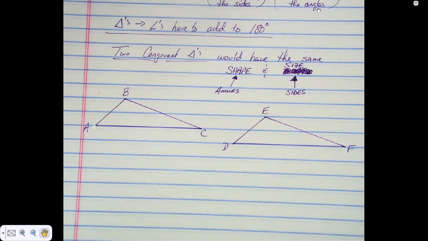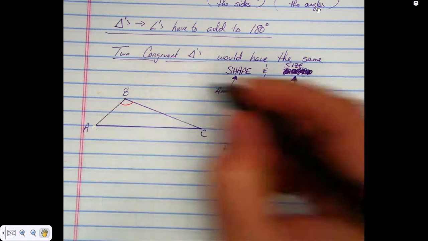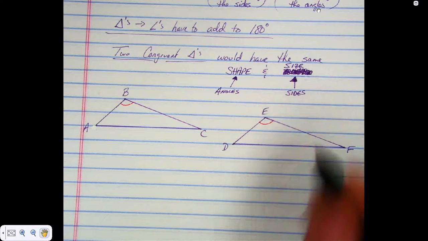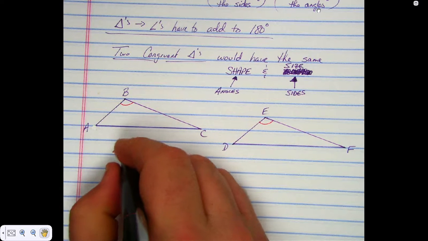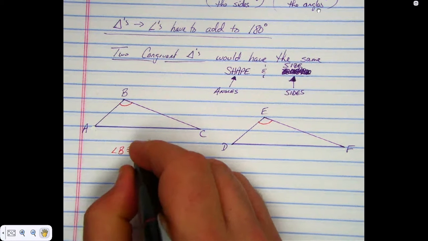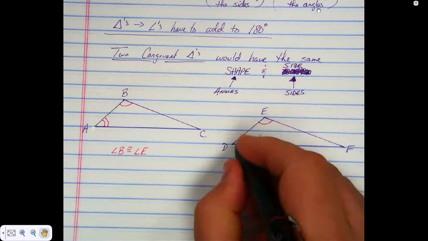Okay, give me a specific angle. Same sides. E and F are equal. Yes. So you guys are saying that you think angle B would be congruent to angle E. Correct? I agree with you. You also think that angle A would be congruent to what? D.